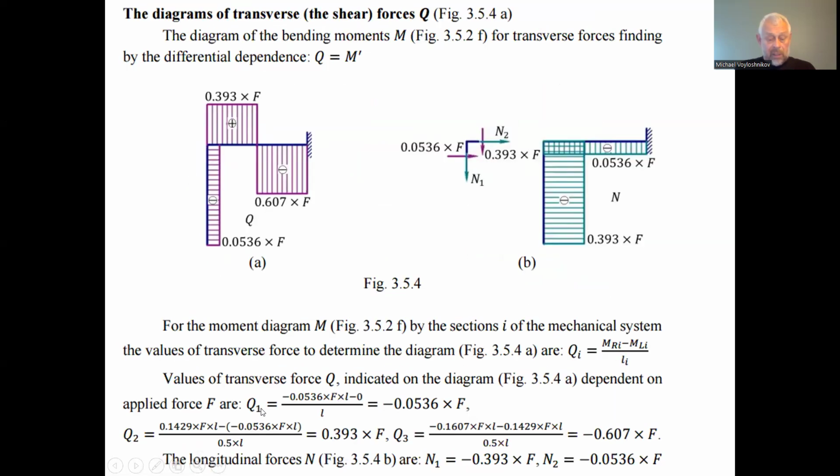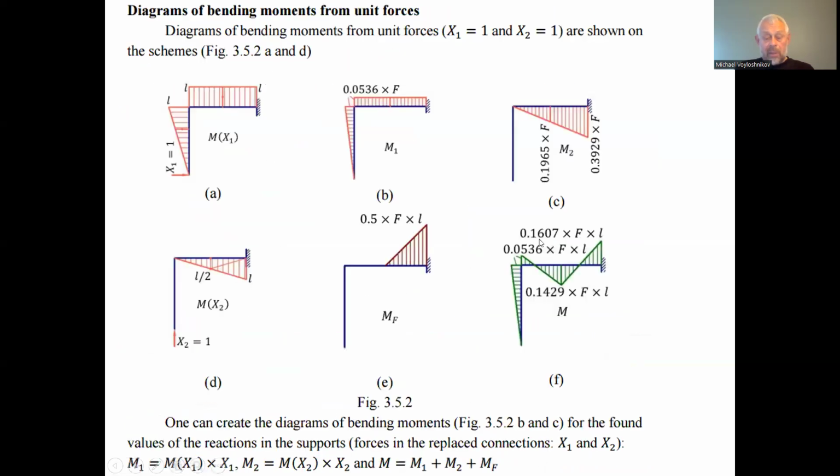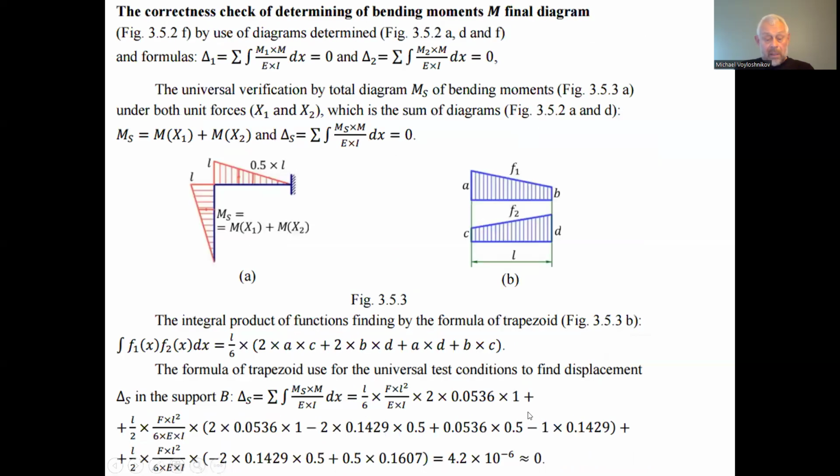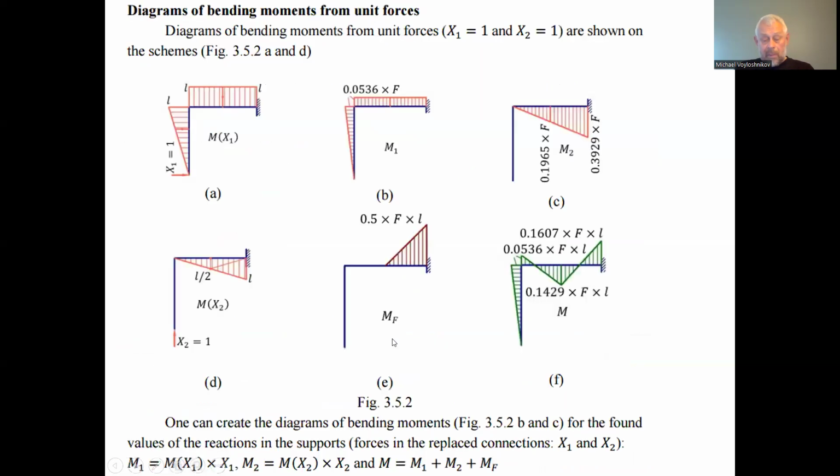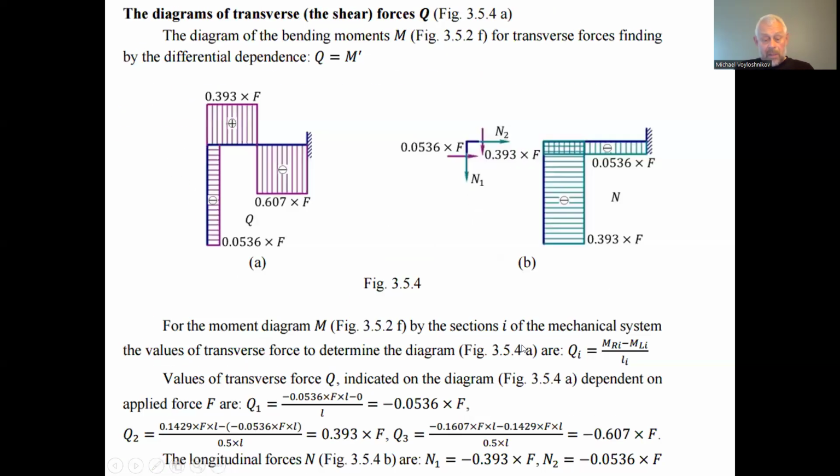So we have that the shearing force, the transverse force, is the magnitude of the bending moment at point B on the first segment of the mechanical system minus the moment at the left point, which is 0, and finally we divide this by L, the length of the segment.